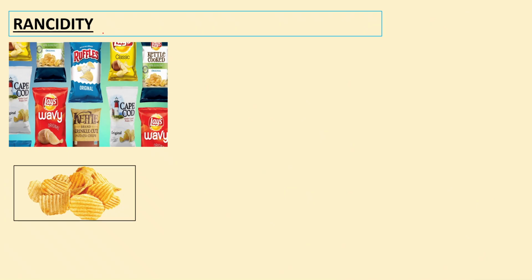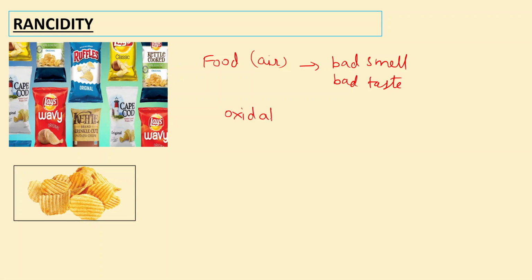The last topic is rancidity. Whenever we keep food in the environment, it gives a bad smell after some time, especially in summer season. Bad smell and bad taste. The reason is it gets oxidized. Oxidation of food takes place. So how can we prevent this in food which contains oil and fats? And there is a method. For example, you can find a chips packet.